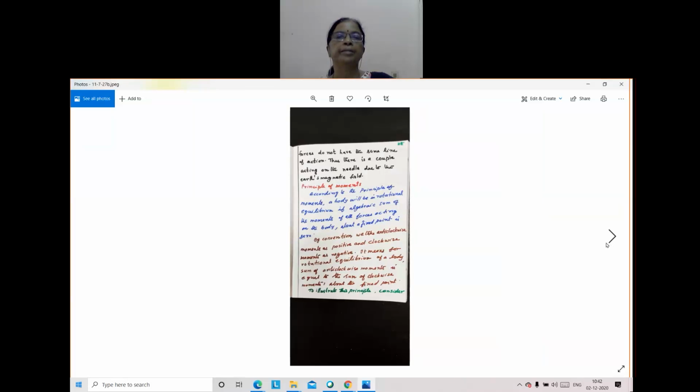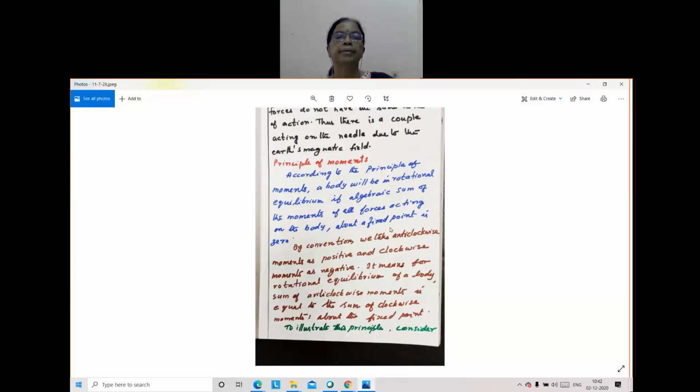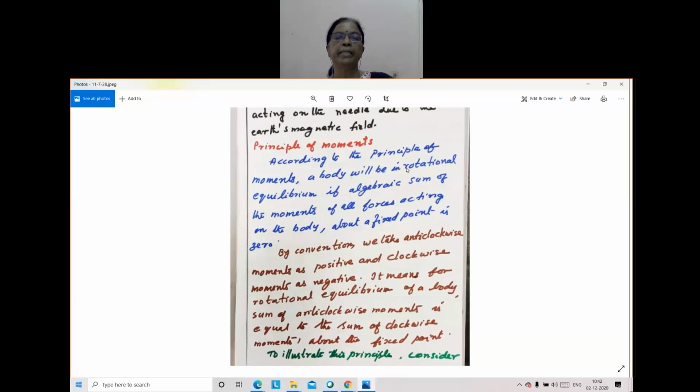Principle of moments. According to the principle of moments, a body will be in rotational equilibrium if the algebraic sum of the moments of all the forces acting on the body about a fixed point is zero. We said clockwise moment equals anti-clockwise moment.